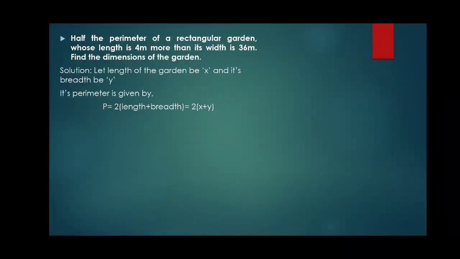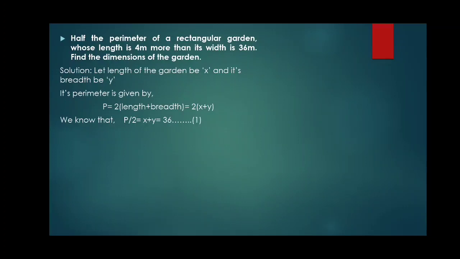Its perimeter, just like I said before, the perimeter of the rectangle is given by p is equal to 2 times length plus breadth. Since we have represented length as x and breadth as y, the whole equation can be written as 2 times x plus y.